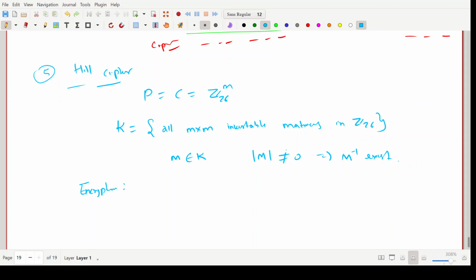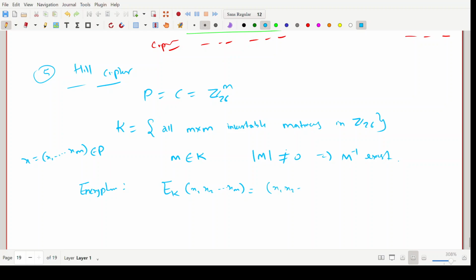Suppose I have a plain text, a tuple x1 x2 up to xm. So I have e_K of x1 x2 up to xm. How do you encrypt? You just multiply this with the matrix M.